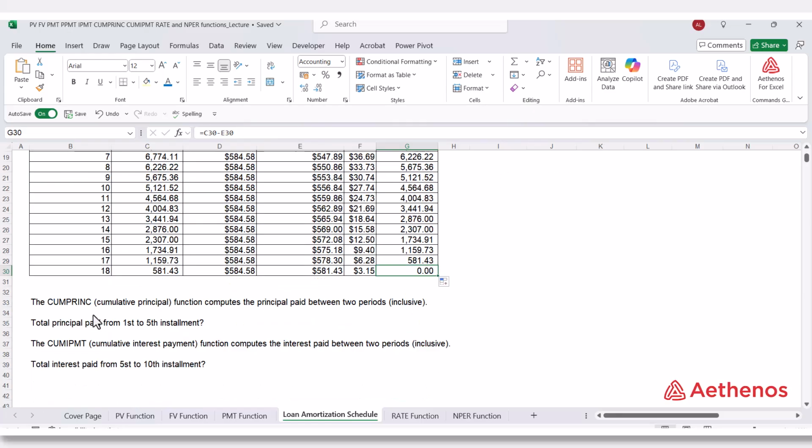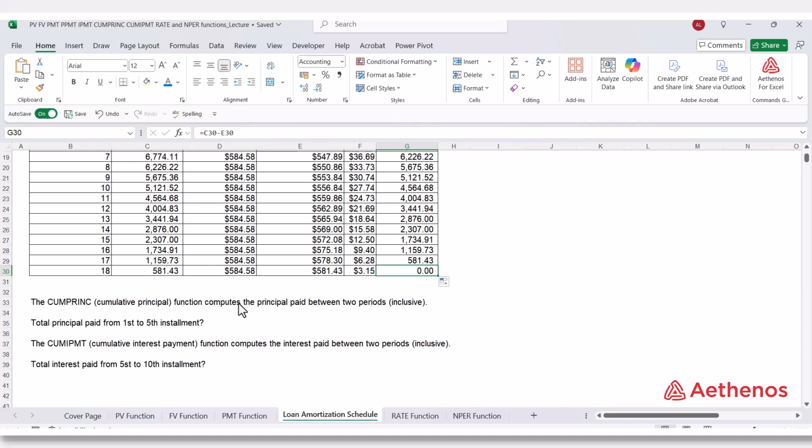And we also have two other functions, the cumulative principal function and the cumulative IPMT, or the cumulative interest payment function. So this calculates the cumulative principal, and this calculates the cumulative interest payments.